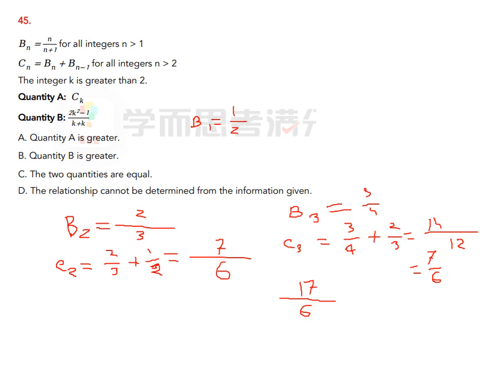So as C3 is equal to 7 by 6, we will consider k equal to 3. So 3 square, that is 9, multiplied by 2, so 18 minus 1, we get 17. And in the denominator, we get 3 plus 3 equal to 6. So the quantity B is 17 by 6. Which one is greater? Obviously, quantity B is greater.